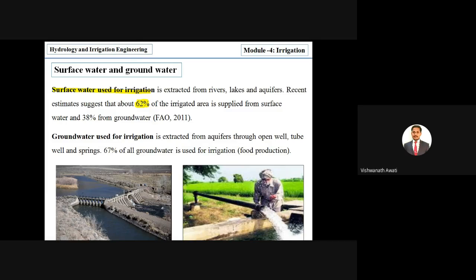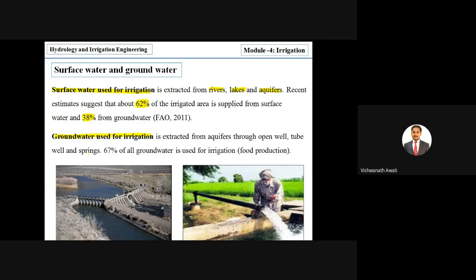And the source of surface water is rivers, lakes and aquifer springs, right? So the water which comes from an aquifer to nearby rivers is also from the groundwater source. And groundwater used for irrigation is almost 38%. 38% of the irrigated area is covered under groundwater use.